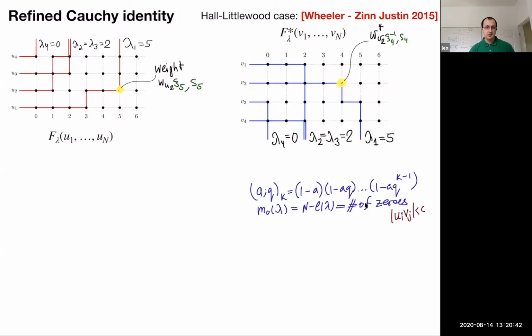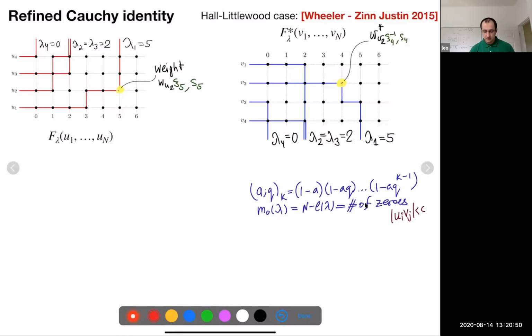In the ASEP limit, you would disallow things like this, where you have 2 arrows per edge, but that's okay because lambda would then just be a strict partition, which is fine, as long as I don't get this type of boundary condition. So I don't want that.